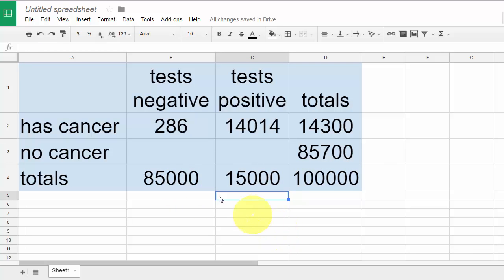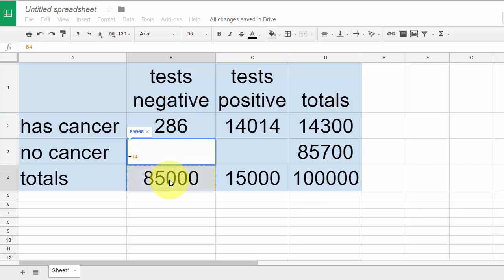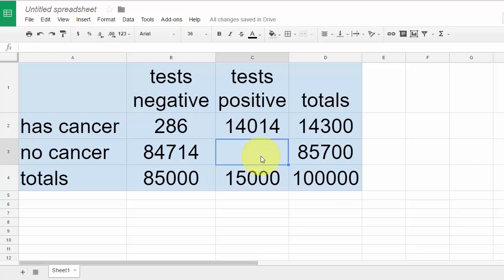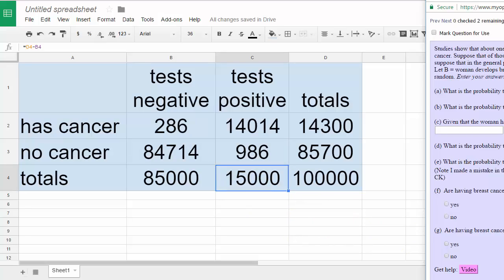Okay, and we can compute the values that go in these other two cells by recognizing that this cell plus this cell has to add up to this. So to get the number of women that go here, we can just do 85,000 minus 286. And we can do the same thing here, actually. All right, so there's our table, and now we should be able to answer any questions that are asked.